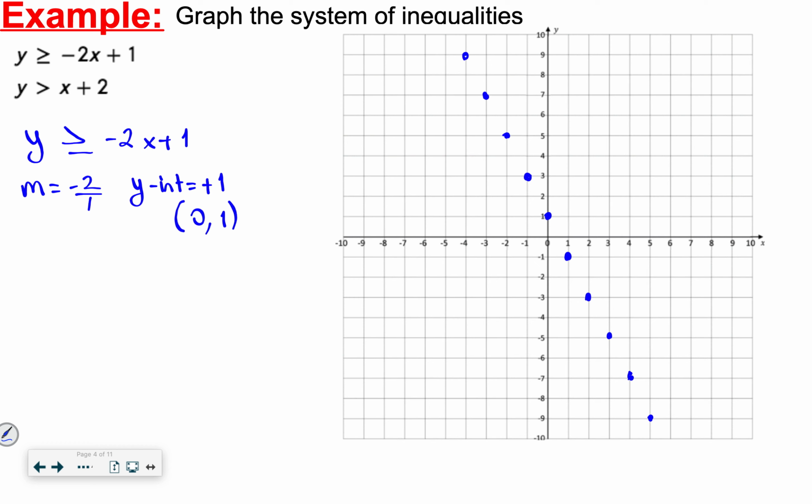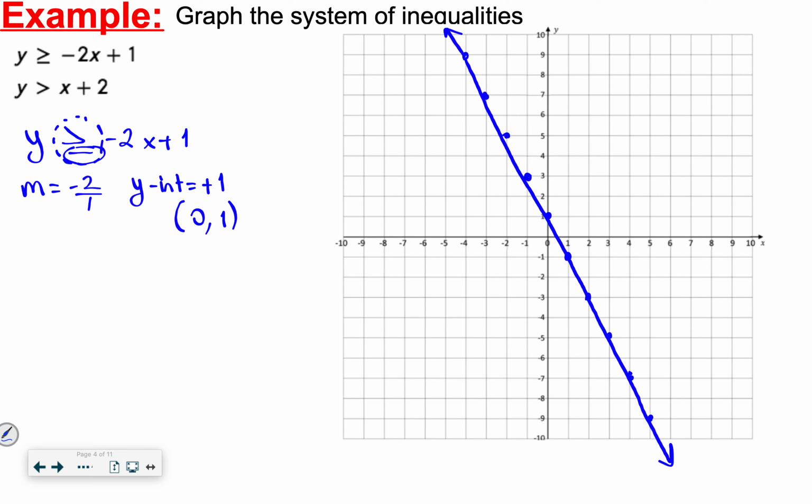After that, we are going to decide whether we are going to use a solid or dashed line. How? Check the symbol. If the symbol includes the equal sign, we are going to use a solid line. This is your line.